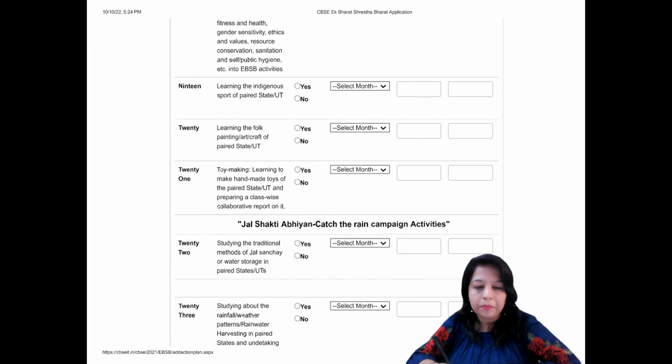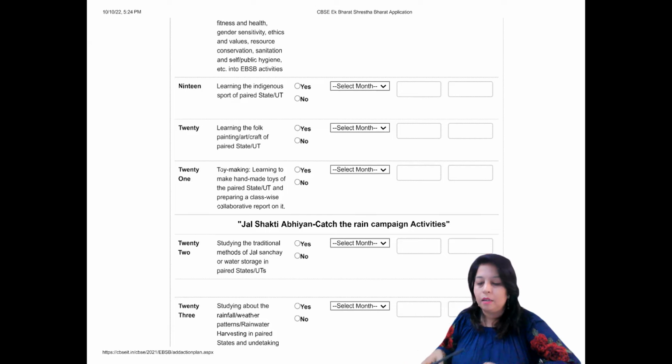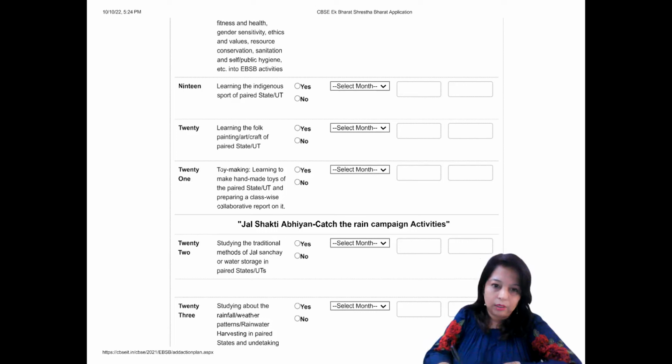Next is Jal Shakti Abhiyan, Catch the Rain campaign activities. Activity number 22 is studying the traditional methods of Jal Sanchay or water storage in the paired states or UTs. So water conservation and all, this is to be done by the sciences as well as the social sciences department. Science and social science, activity number 22.